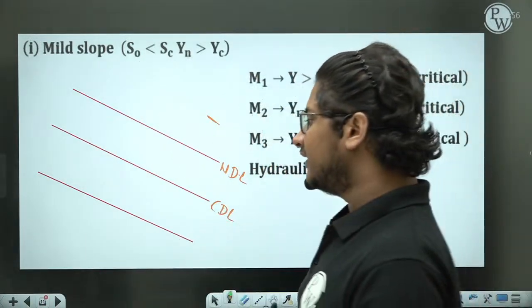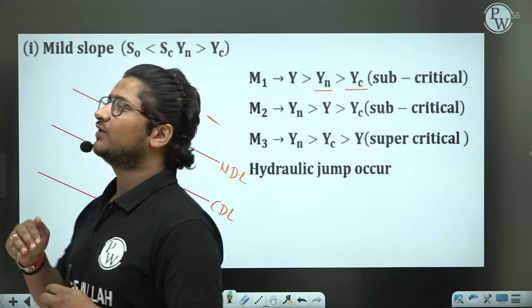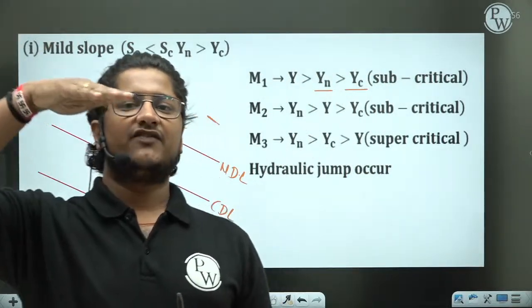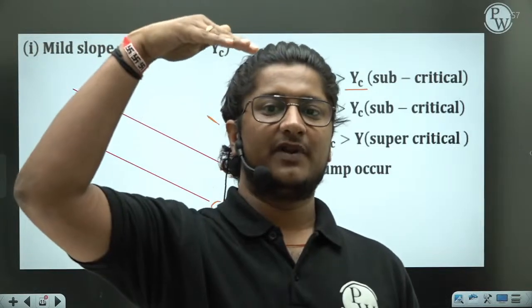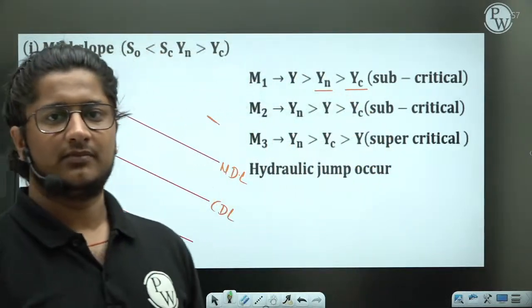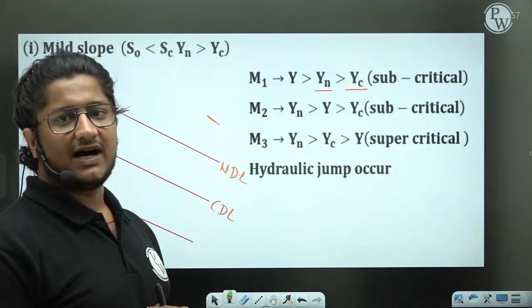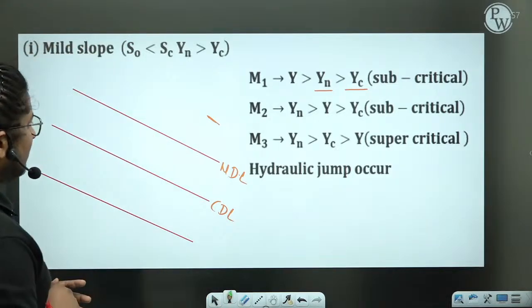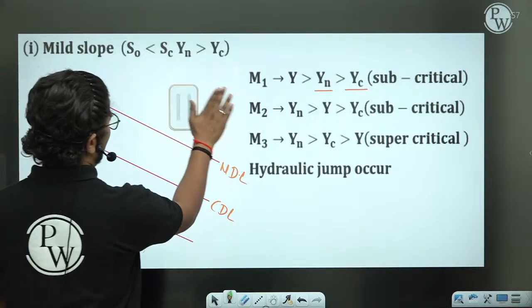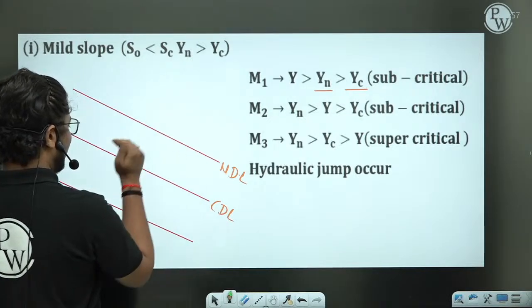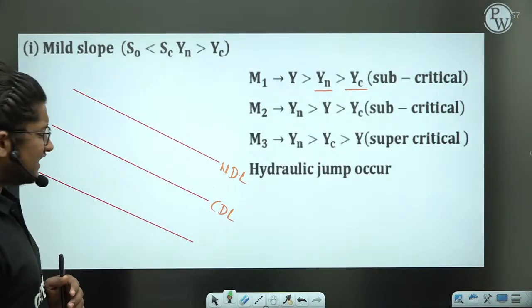Third, water surface profiles going towards infinity will try to become parallel with the channel bottom. Other than that, M1 will be a rising profile, M2 a falling profile, and M3 a rising profile.